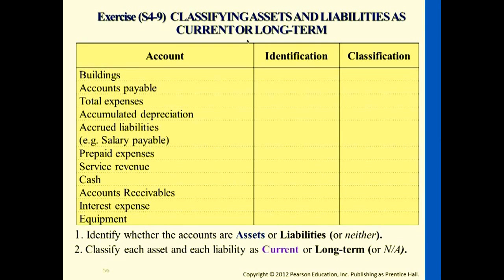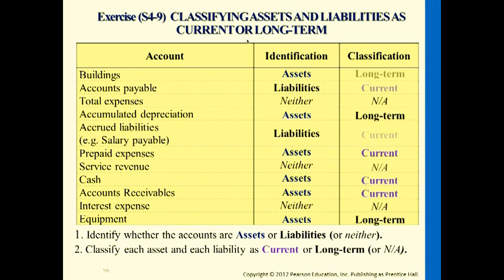Asset, current. Right, you'll be collecting the cash in a few weeks. Interest expense. Neither one. So not asset, not liability, it's an equity account. Equipment, asset, and specifically long-term.